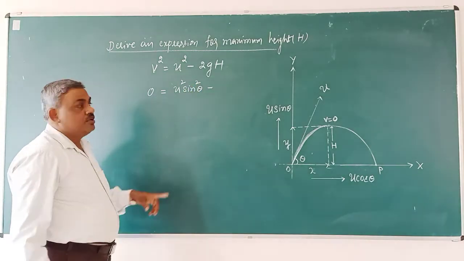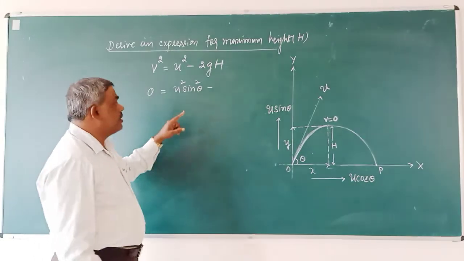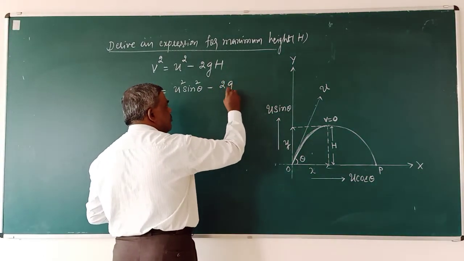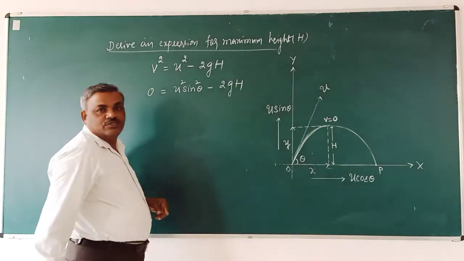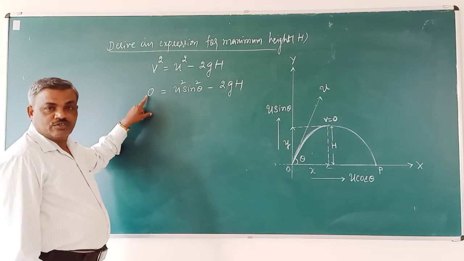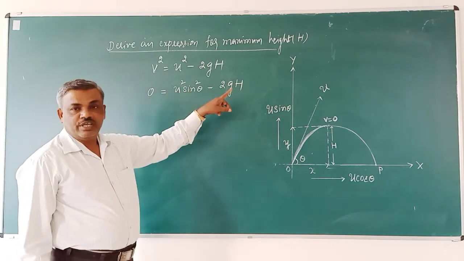Squaring, u square sin square theta minus 2gh. So here the vertical component v equals 0, giving u square sin square theta minus 2gh.